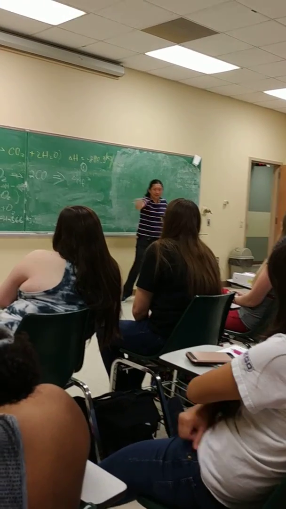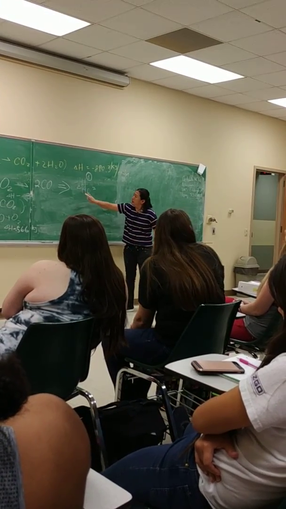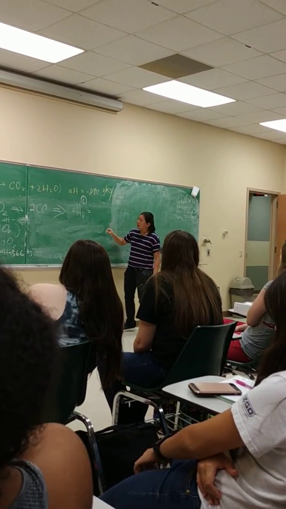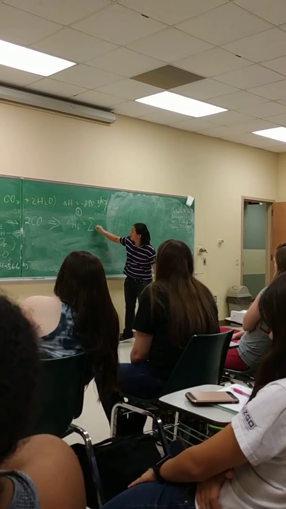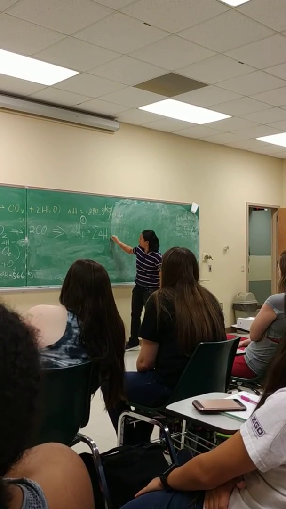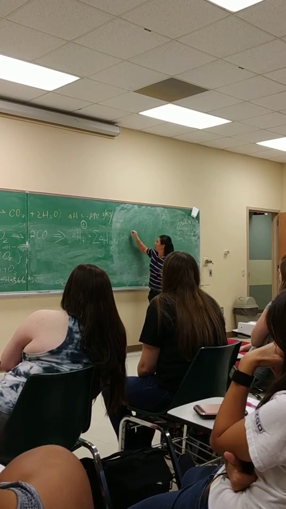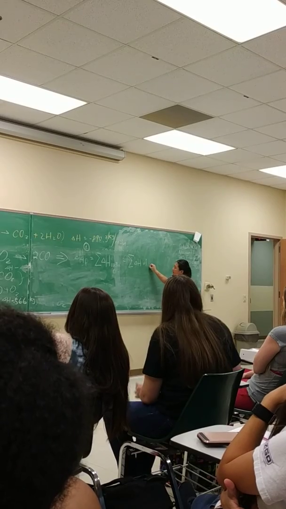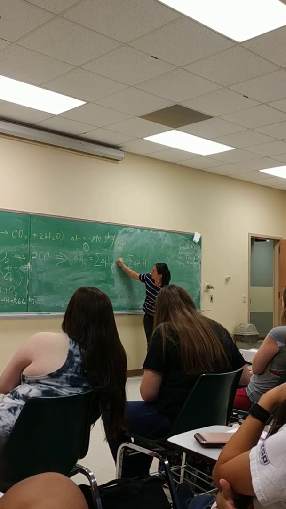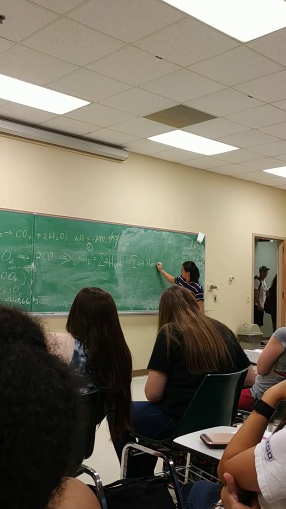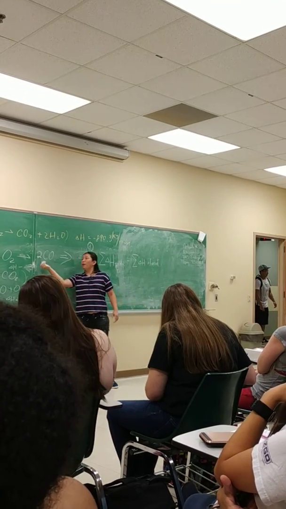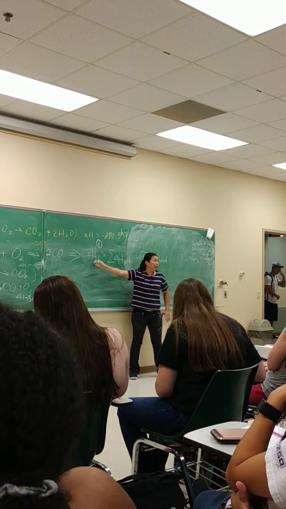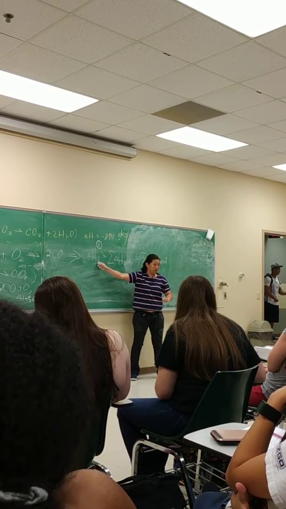The standard means nothing else. The change of enthalpy for this reaction can be calculated as the sum of the delta H of the products minus the sum of the delta H of reactants. Because every single compound has its own standard delta H of formation.